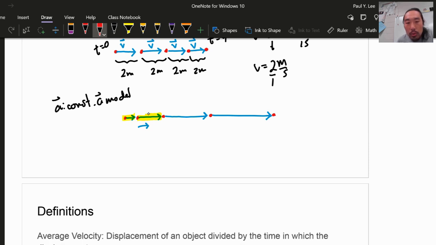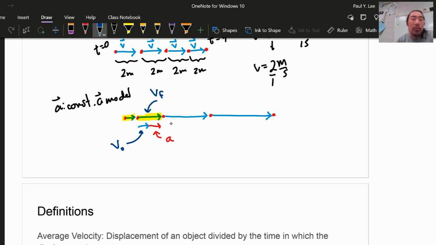The difference between this top vector and this bottom vector is this arrow. This red arrow right here is your acceleration. That's how much your velocity changed from your initial velocity to your final velocity. If this is v initial, and this here is v final, this red here is how much the velocity has changed.